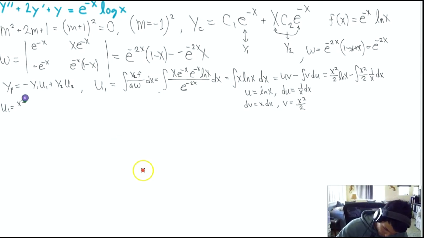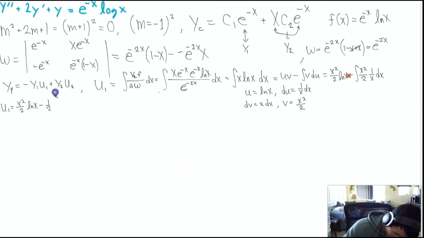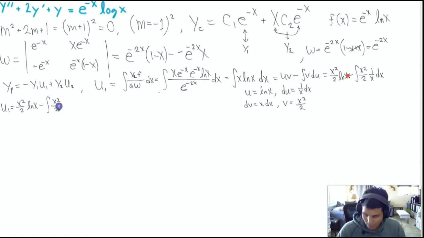So x squared over 2 ln x just stays, and let's simplify the integrand first. It's just x over 2, right? x squared divided by x. There we go.